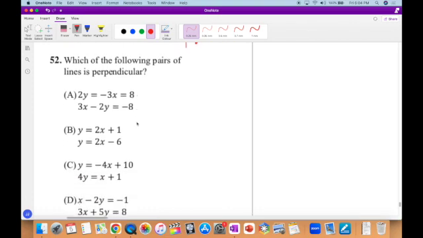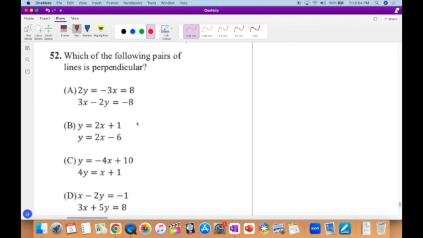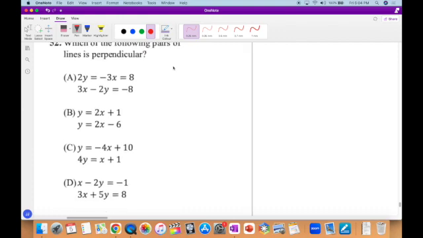Which of the following pairs of lines is perpendicular? Ooh, this is creepy. Well, we could rule out B, so B is not perpendicular. It's actually C. And we could look at it from C here because the gradient of this line is negative 4.